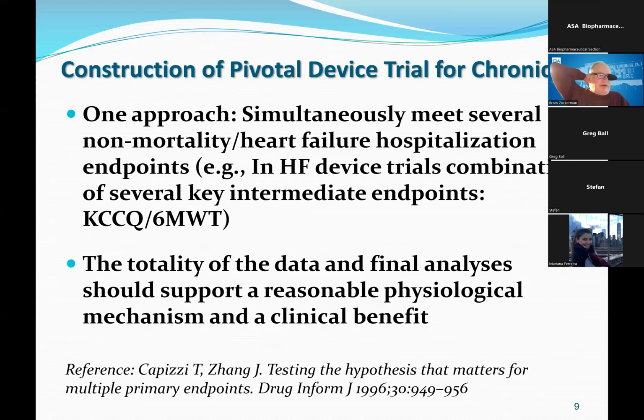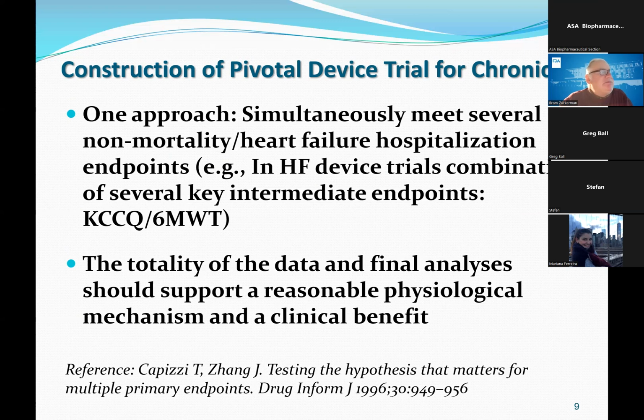So let's put it all together and let's use a heart failure device example. One approach is to simultaneously meet several non-mortality heart failure hospitalization endpoints. For example, in a heart failure device trial, we use a combination of several key intermediate endpoints at the first stage of approval.